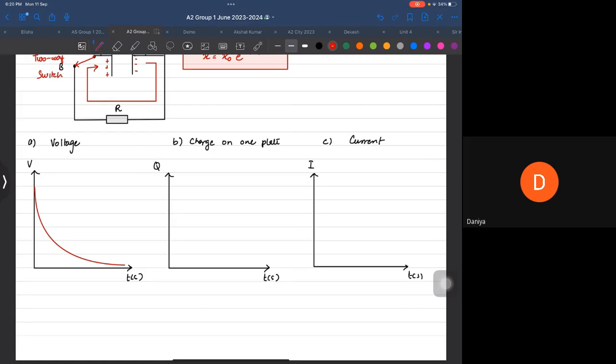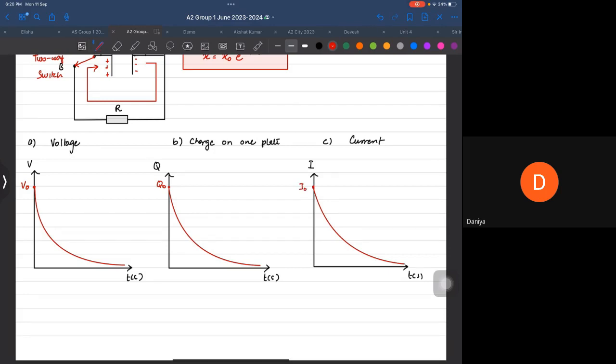All right. So the maximum would be V naught, sorry, maximum voltage, and then for the charge, it's going to be the same. It's going to be Q naught, never touches the x-axis, and for the current, it's also the same. Never touches the x-axis, like that. Okay.